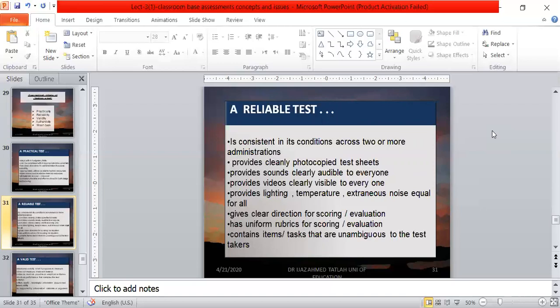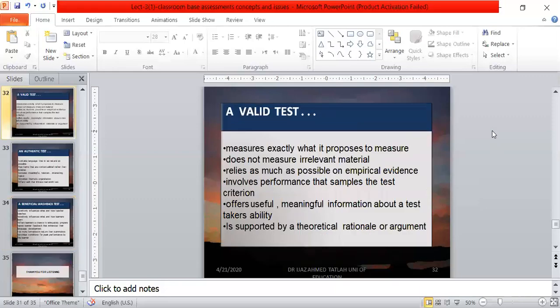A reliable test contains items and tasks that are unambiguous to the test takers. So it's much more transparent, clear, up to the mark, specific, and good enough by all means.